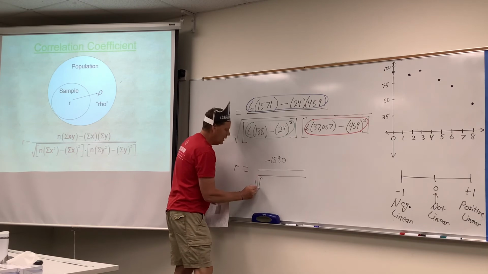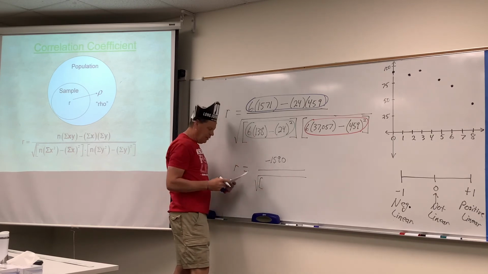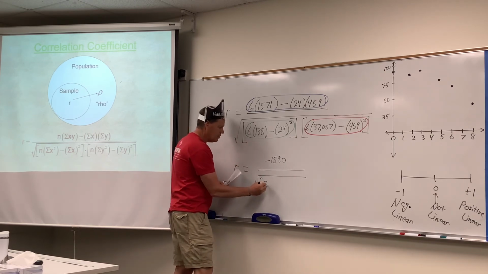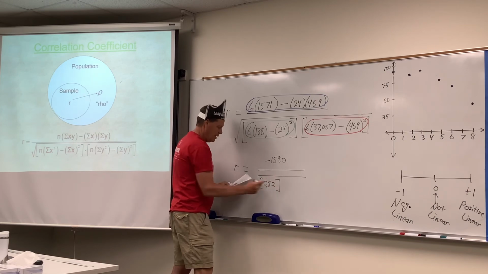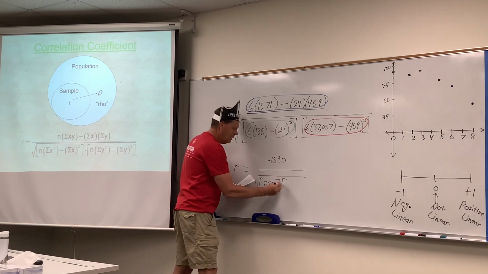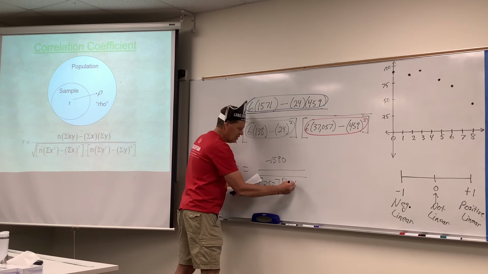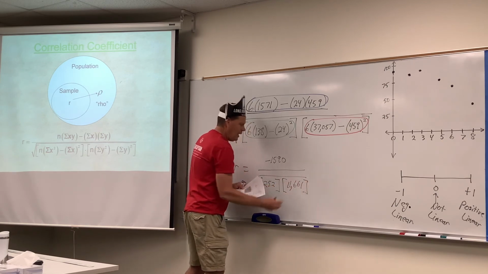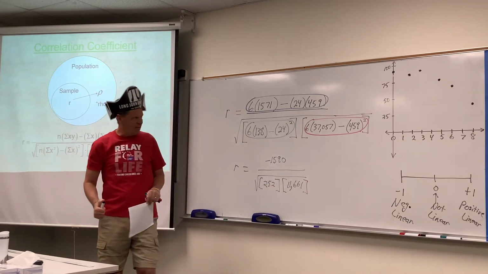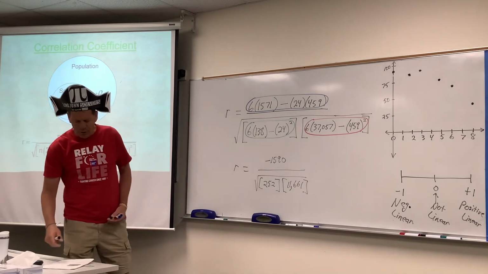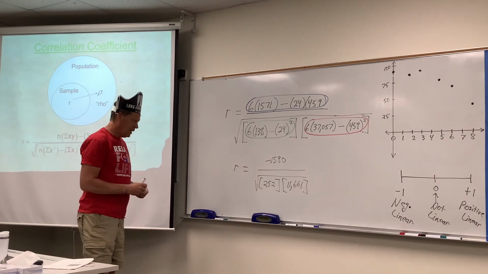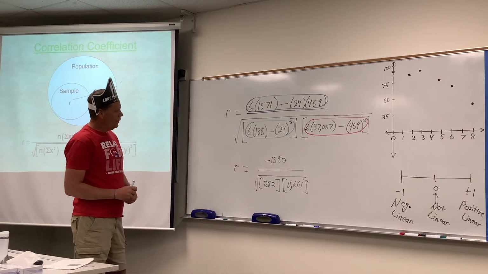Bracket number 1, the green, if you will, turns out to be 252, and the other bracket is 11,661. And by the way, I'm going to recommend that you save those numbers because they will be of use to us later. So there we have that.